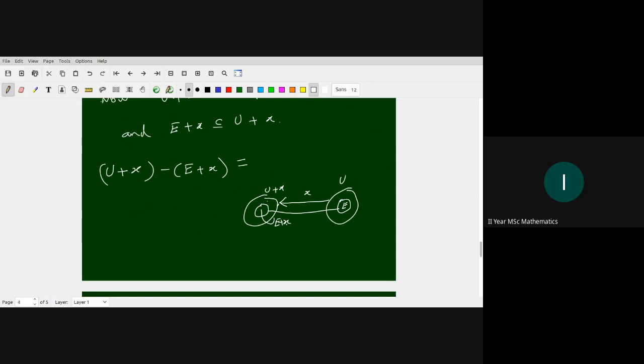E plus x is a subset of u plus x. And this is u minus e, a set plus x.